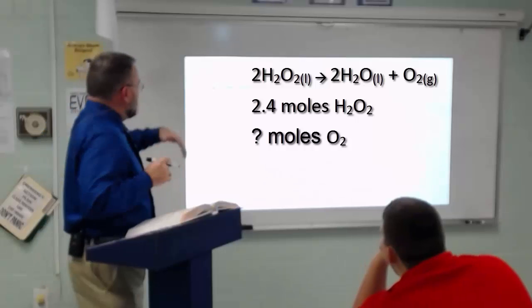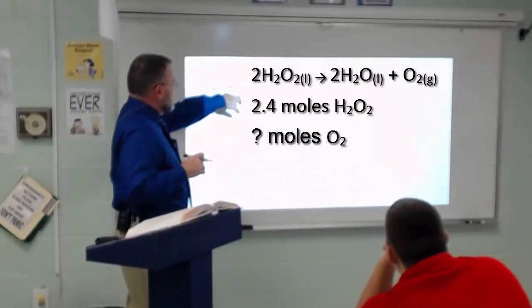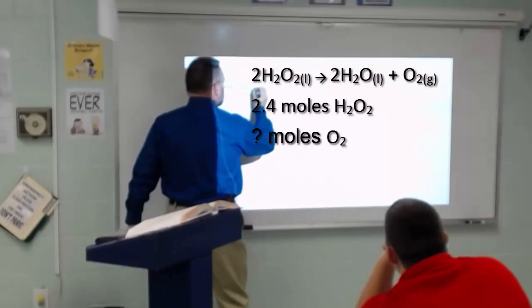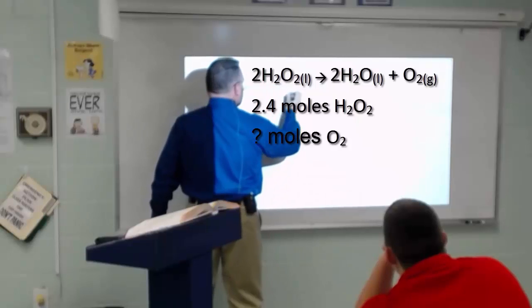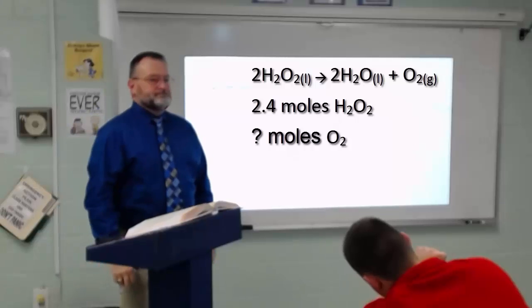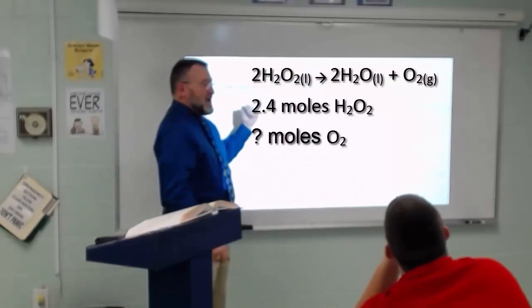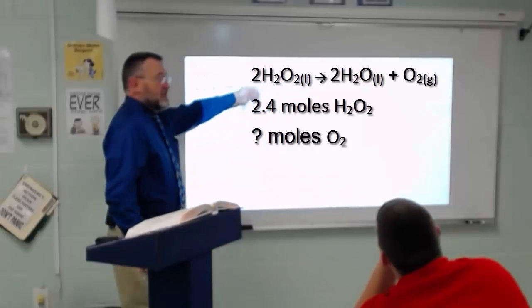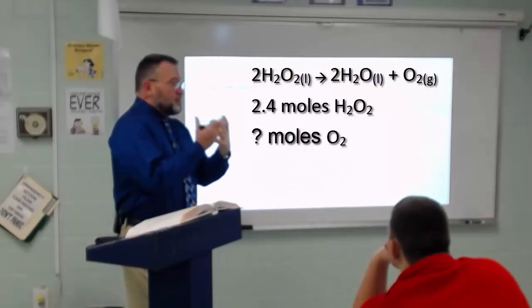Now we're given that we have 2.4 moles of H2O2, and it's going to decompose into a certain number of moles of H2O and a certain number of moles of O2. How many moles of H2O and how many moles of O2 if we start with 2.4 moles of H2O2? Now, here's what I hope you can see.